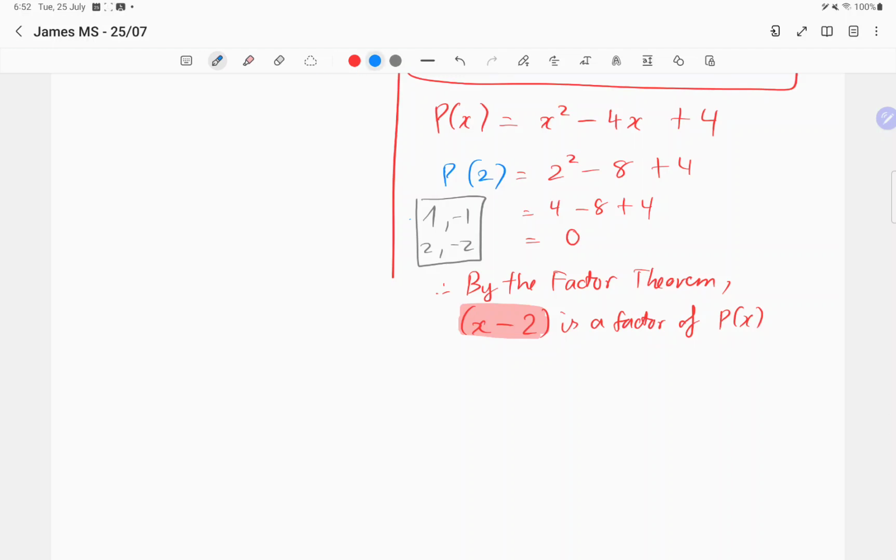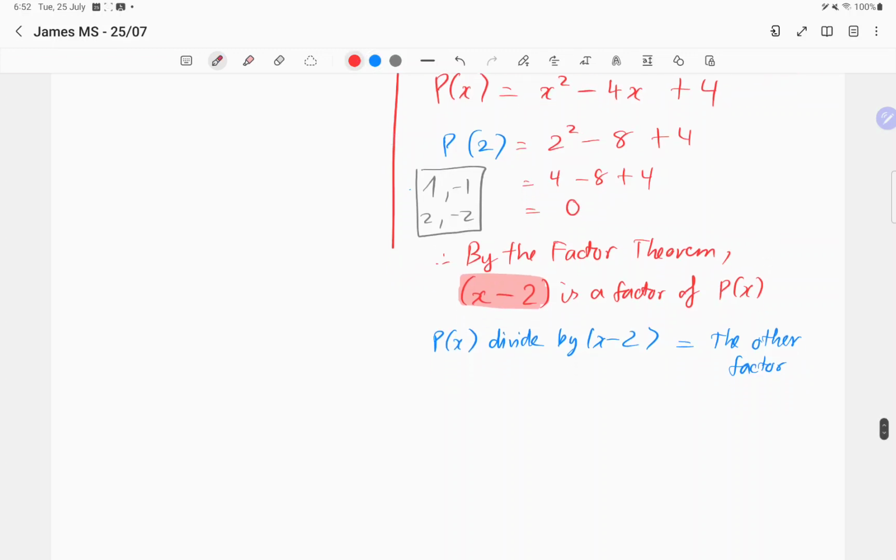So you would go P of x divided by x minus 2, which equals the other factor. This is not mathematically correct, but does it make sense? So now we need to actually do division.